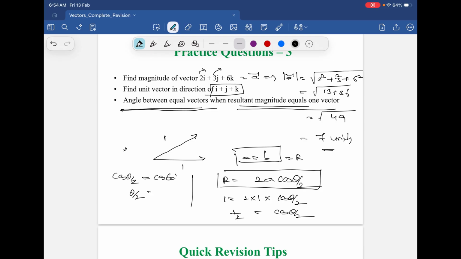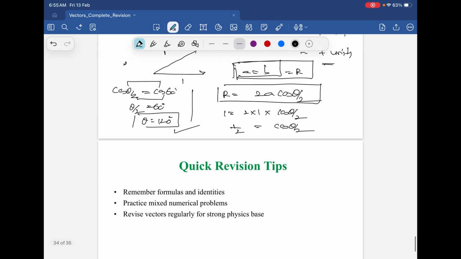So theta by 2 is equal to 60 degrees. When the functions are equal, the arguments must be equal. So theta is equal to 120 degrees. So whenever two vectors are of equal magnitude and the resultant is also equal to one of them, then the angle between the vectors becomes how much? 120 degrees.